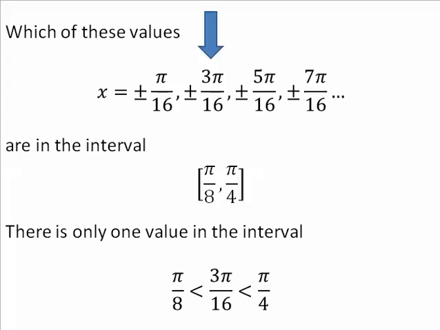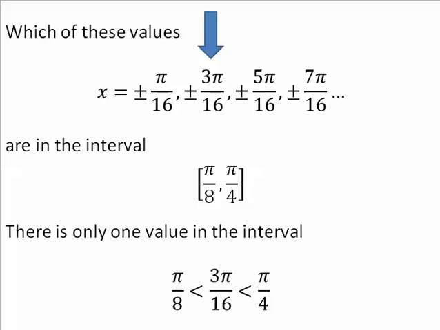So there's really only one value in the open interval. So the point guaranteed by Rolle's theorem is x equals 3 pi over 16.